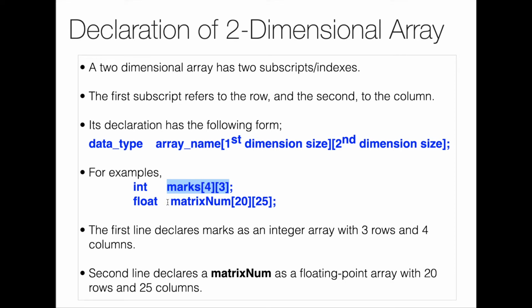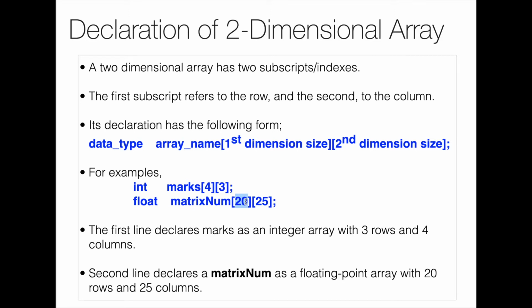The second line declares a matrix called matrix num, which can store 20 rows and each row has 25 columns. So altogether you can store 500 different floating point values in the matrix num two-dimensional array.